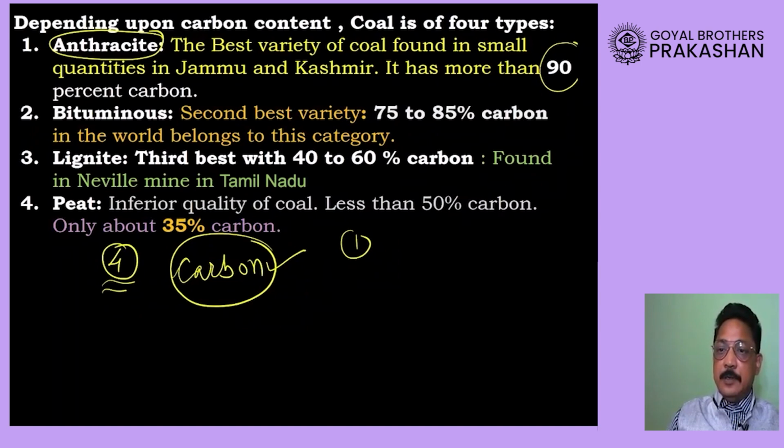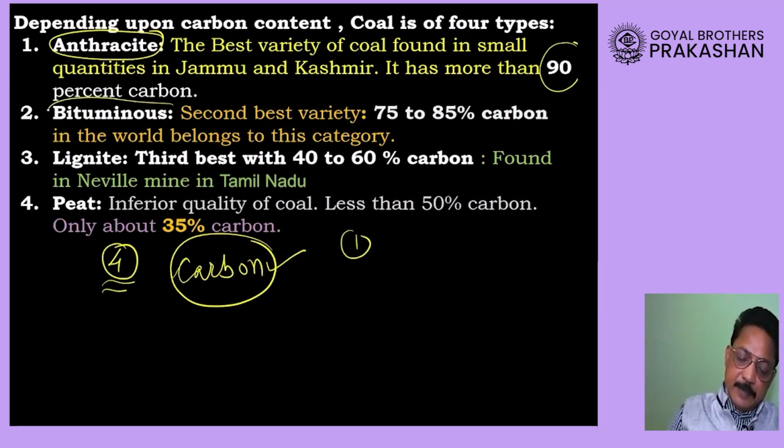However, the quantity of this coal, okay, is not very large in our country, and we have studied one of the characteristic that greater the quality, less is the quantity. So because it is the best variety, its quantity is also found in less quantity in our country.